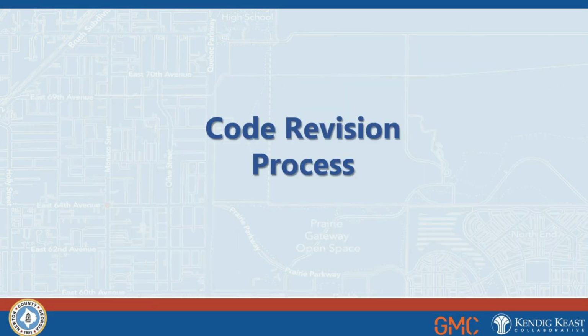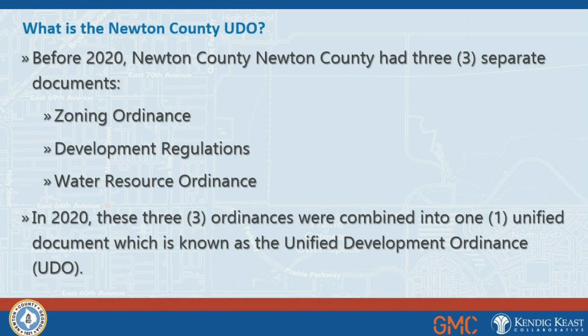So the process that we're going through and that we've begun is, I wanted to back up and take a look at how Newton County back in 2020 took a really fantastic action. It's very popular throughout the country to take a whole series of ordinances that relate to each other but aren't in the same place and combine those into something called a Unified Development Ordinance. And that really includes the zoning ordinance, which controls land use and setbacks and lots of other regulations of how land is used.